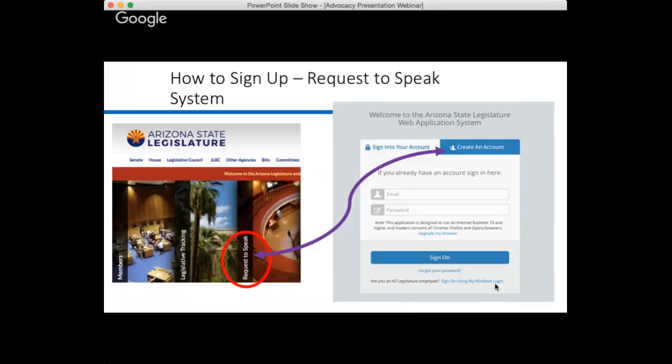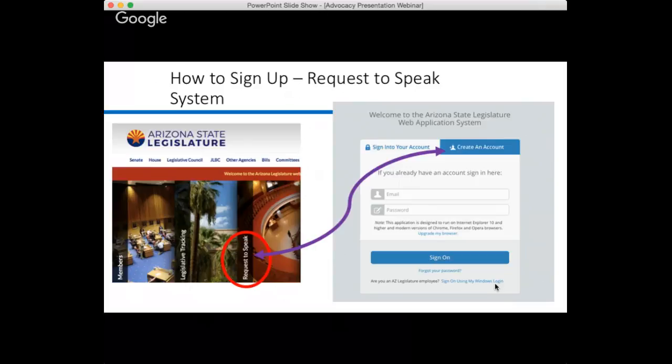I will walk you through very quickly how to sign up for the request to speak system on the Arizona State Legislature page that we visited earlier. You go to request to speak, and that is now one of the new tabs on the home page. You then click on the request to speak. It says go to the system, and then you will come up on a page that will prompt you to do several things.